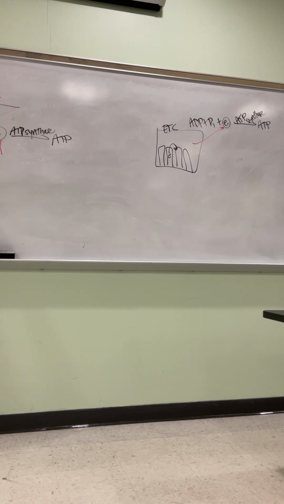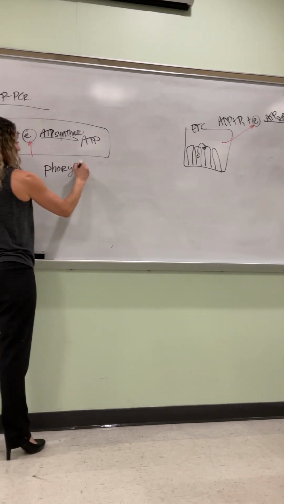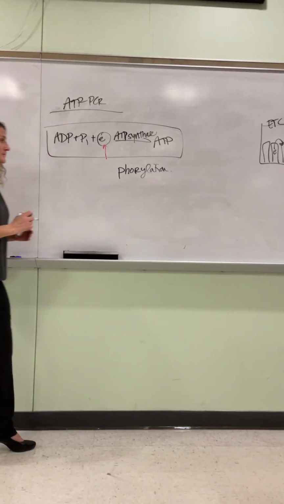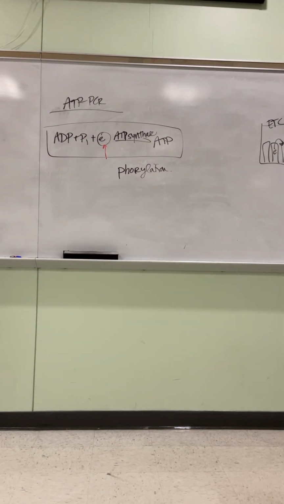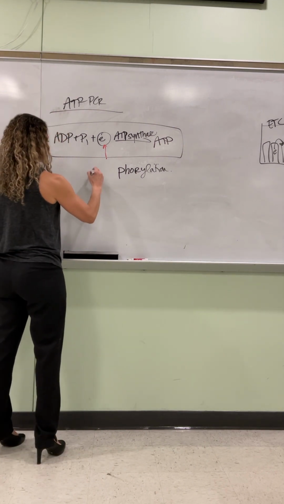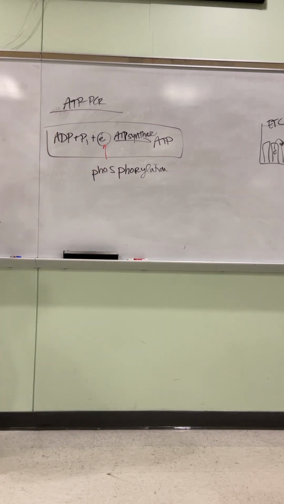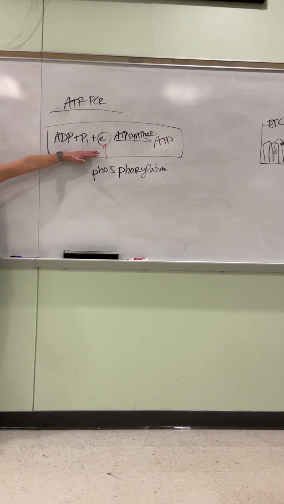Okay? So this reaction we refer to as phosphorylation. Phosphorylation really just means you're adding a phosphate to something, so lots of reactions could be considered. Did I really write it like that? Phosphorylation. That's my brain getting way ahead of me. Phosphorylation. Might need a break. Phosphorylation means you're adding a phosphate to something, but in exercise physiology, we specifically use this term to refer to this reaction of building ATP.